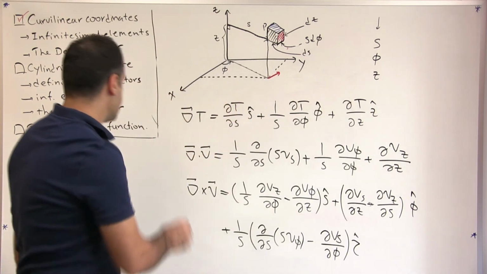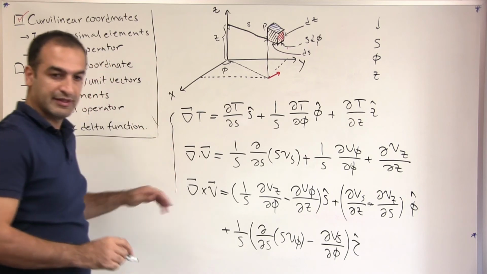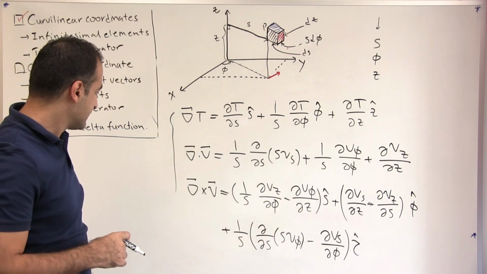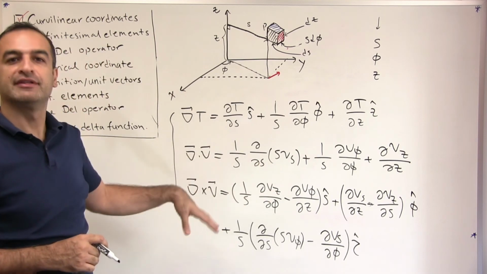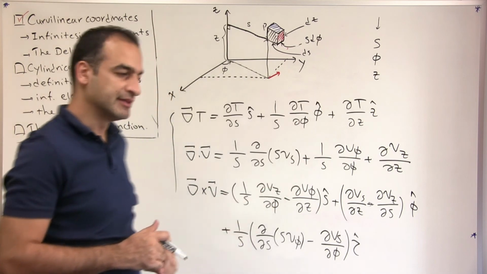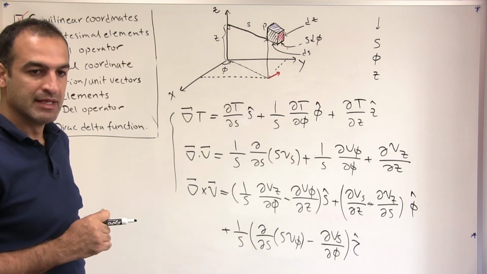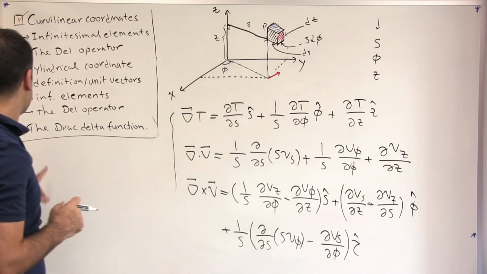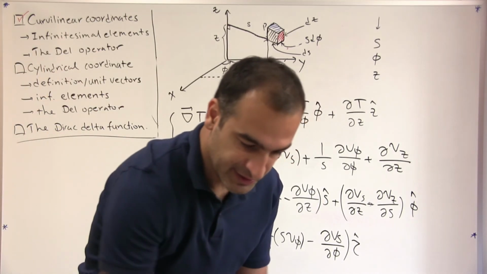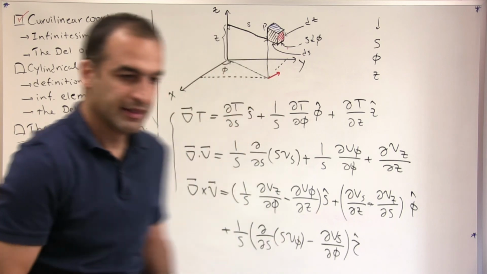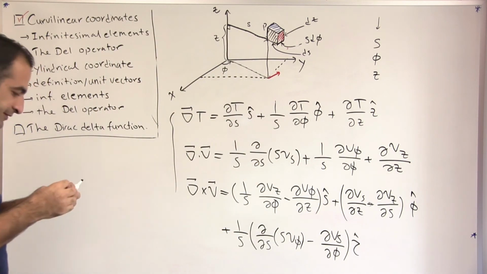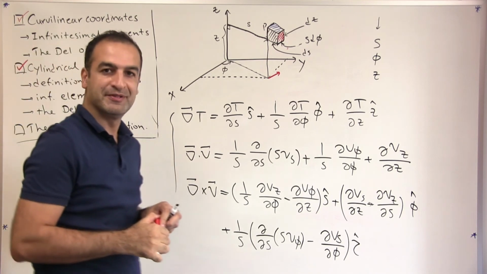Okay, so these are gradient, divergence, and curl using cylindrical coordinates. I guess curl can be written in terms of a determinant as well, but the textbook wrote it in terms of the algebraic terms like this. Okay, so with this, I think we concluded the discussion on the cylindrical coordinate as well. And the next topic is the Dirac delta function, which is a beautiful, beautiful concept.